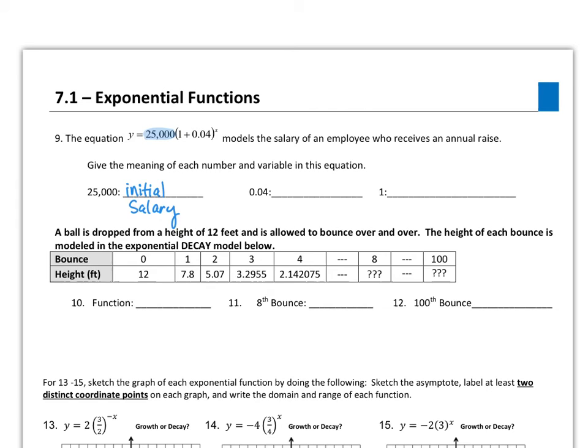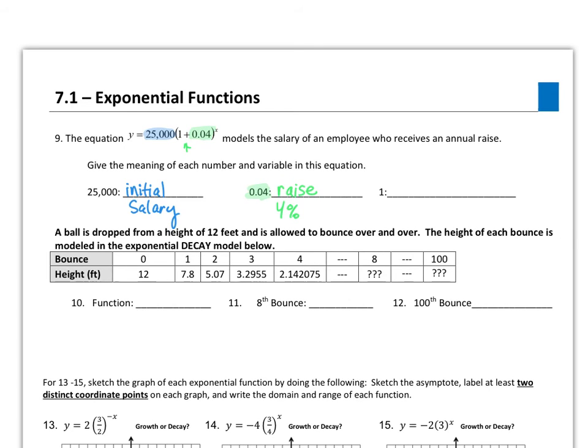What does the next little thing mean? This 0.04. I thought I was on highlighter again. Sorry about that. Okay, this part, what does that represent? That represents the interest, basically, or the raise. How much is it going up? That's our raise. Okay, they're getting a 4% raise. And we know it's going up because it's a plus right there.